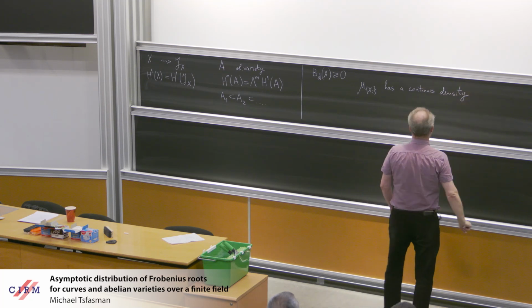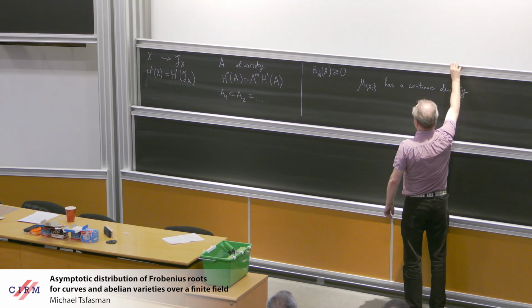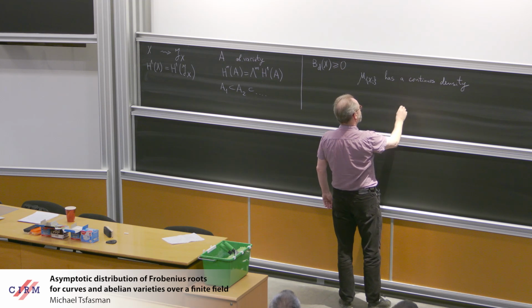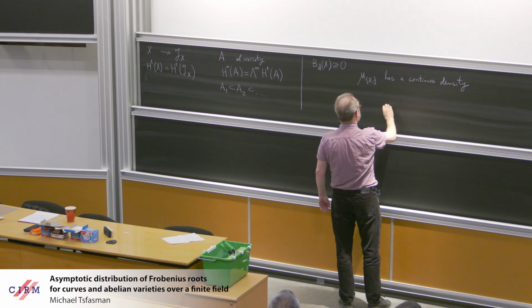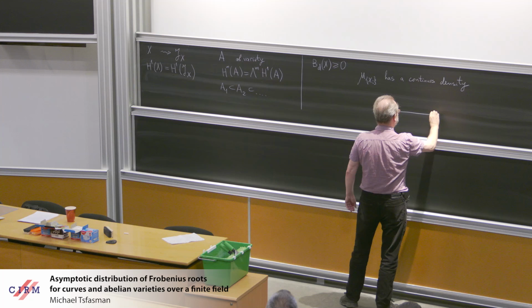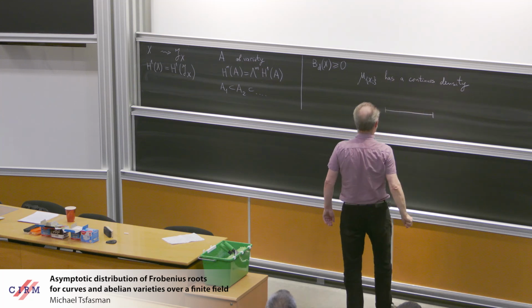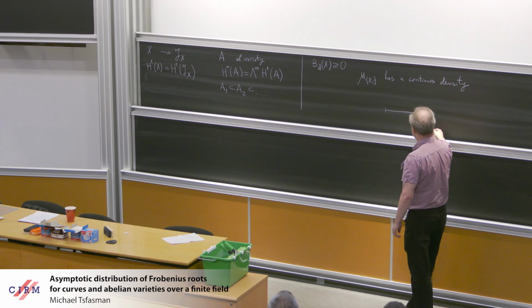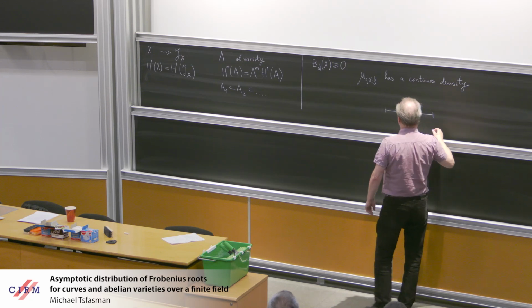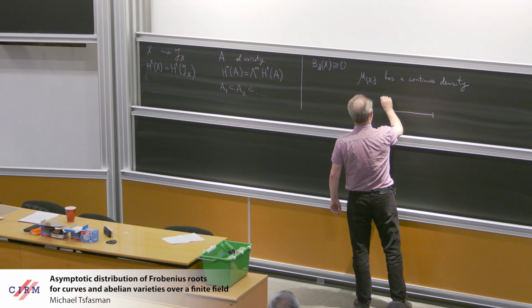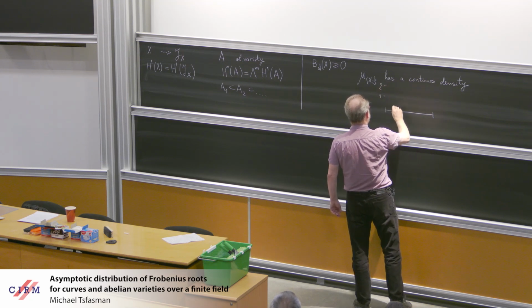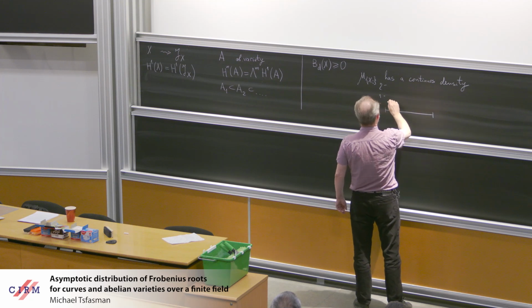And this density can be, in most cases, so you have your interval, your segment, from -2 square root of q to 2 square root of q. And over this segment, let this be 1 and this be 2, and you have some graph of that measure.